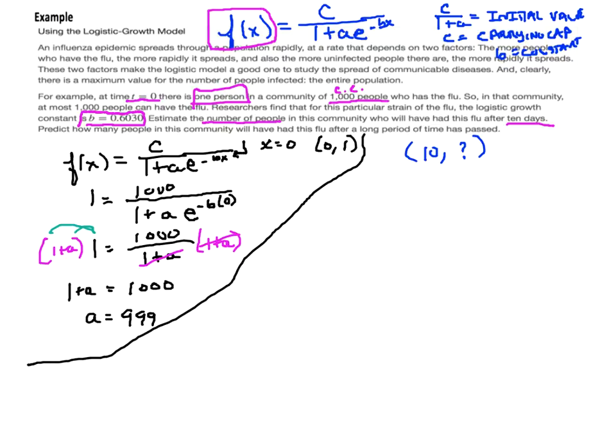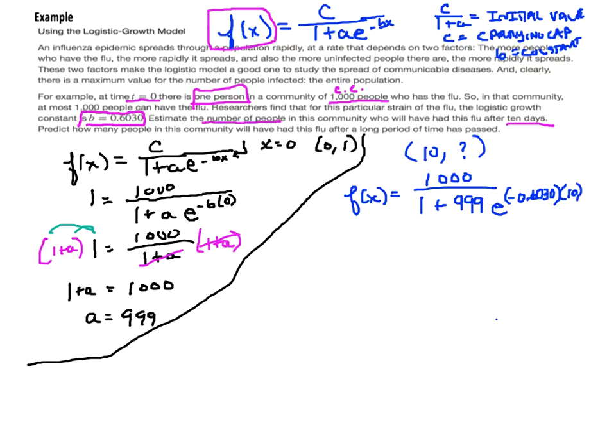So I plug into my function, f of x equals my carrying capacity, 1,000, divided by 1 plus, I now know what my a is, 999, times e to the, I've been given my b value, negative 0.6030, times my time, which is 10.